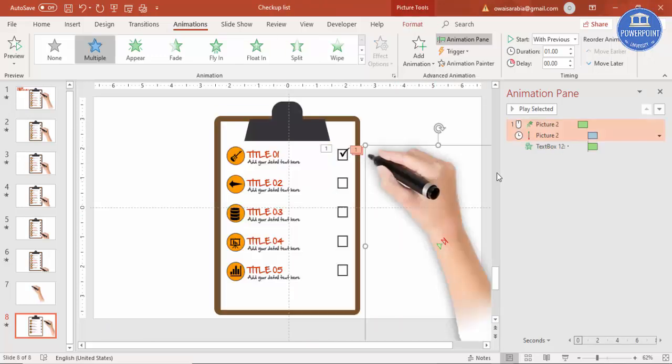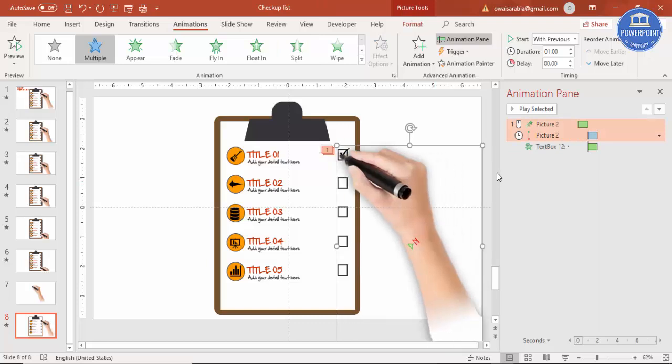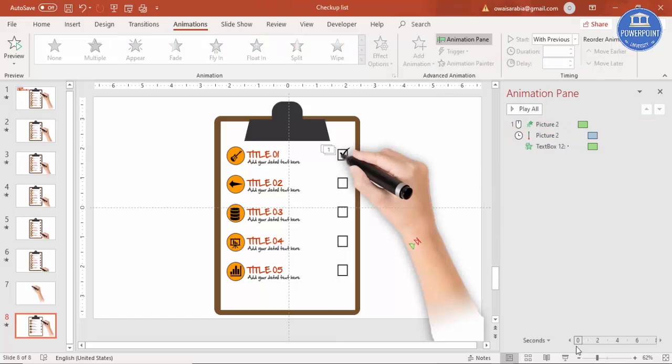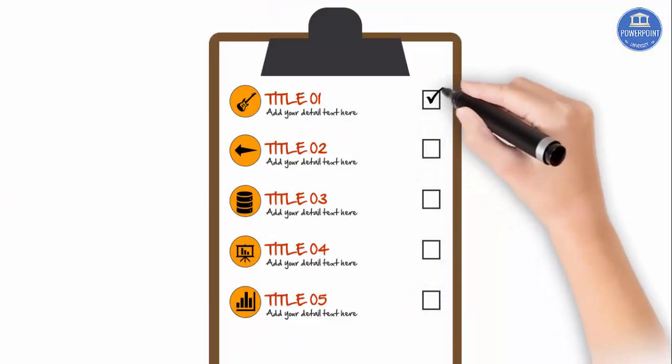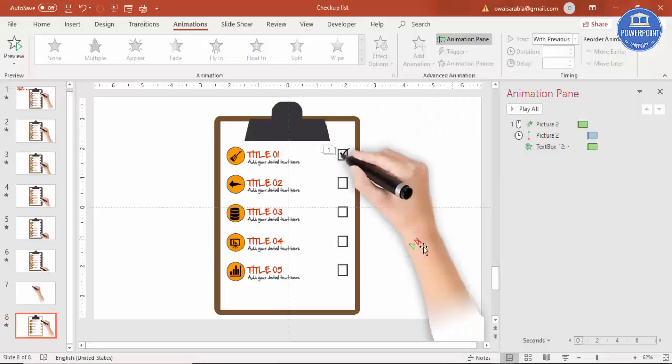And I'm just going to bring back the hand here. So let's see how it looks now. When I click, it comes and the tick mark comes there. So you can see here the animation for the slide 1 is completed.